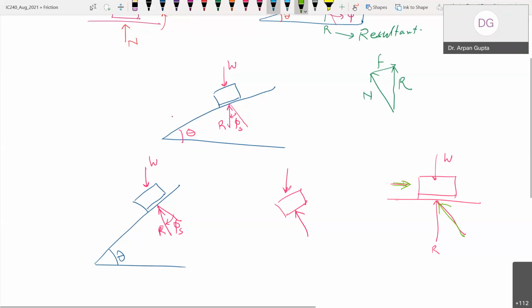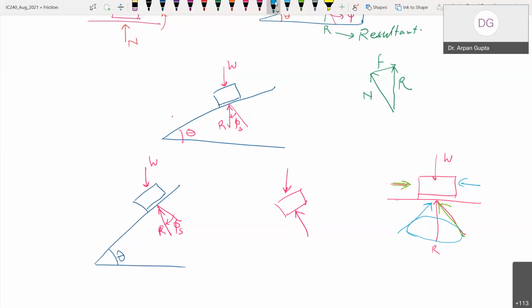If I apply P in a different direction, the resultant will move in another direction. In fact, if you consider this as a whole 3D problem, you will get a cone here, and this is called your cone of friction. The resultant force from the surface can move around this whole cone in 3D.